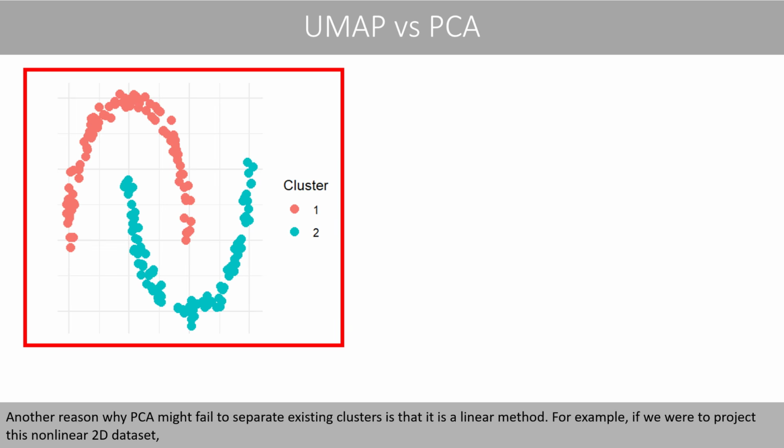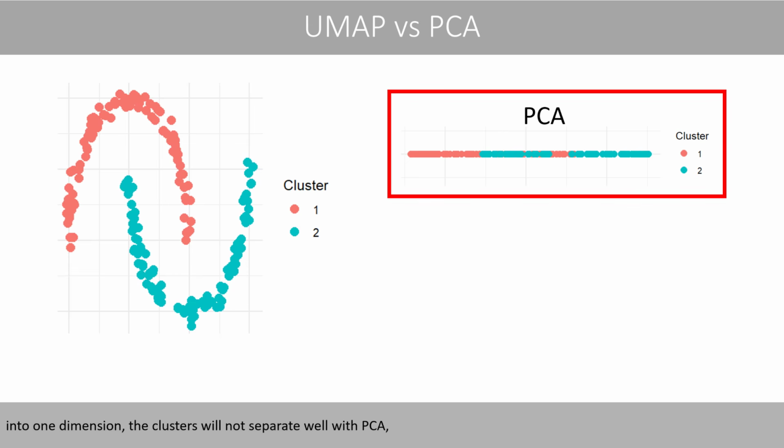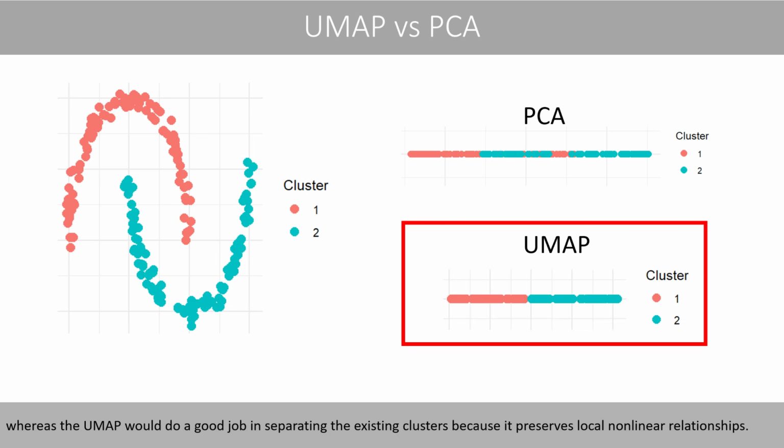Another reason why PCA might fail to separate existing clusters is that it is a linear method. For example, if we were to project this non-linear two-dimensional dataset into one dimension, the clusters will not separate well with PCA, whereas the UMAP would do a good job in separating the existing clusters because it preserves local non-linear relationships.